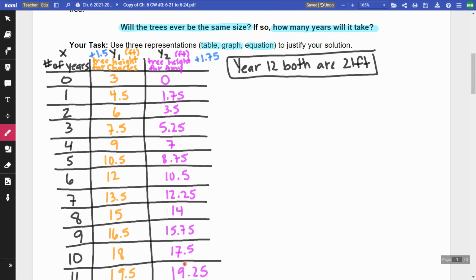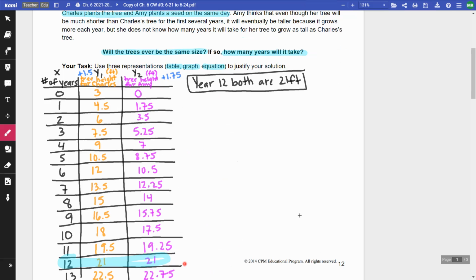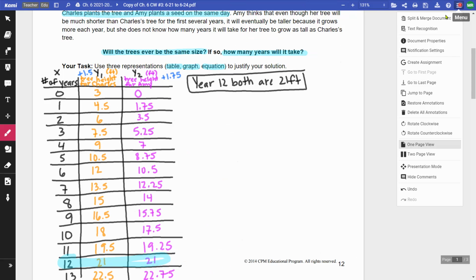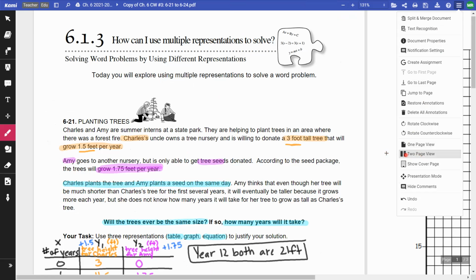Now, I do have these points right here at this point. So what I'm going to do is come up here to where the 3 bars are, and I'm going to make this two side by side. So I'm going to make it 2-page view. Now, when I do that, sometimes it puts a cover page first.